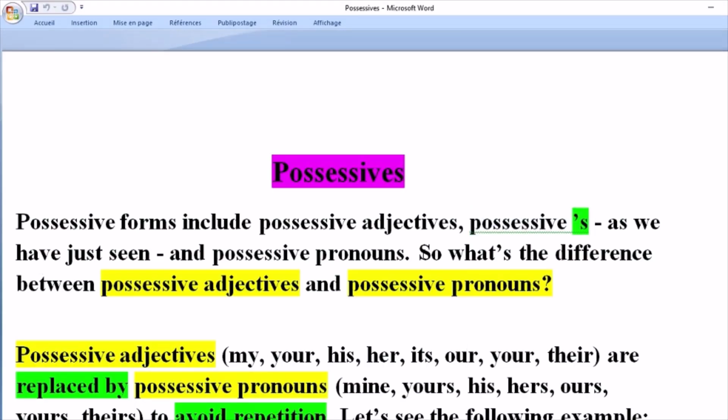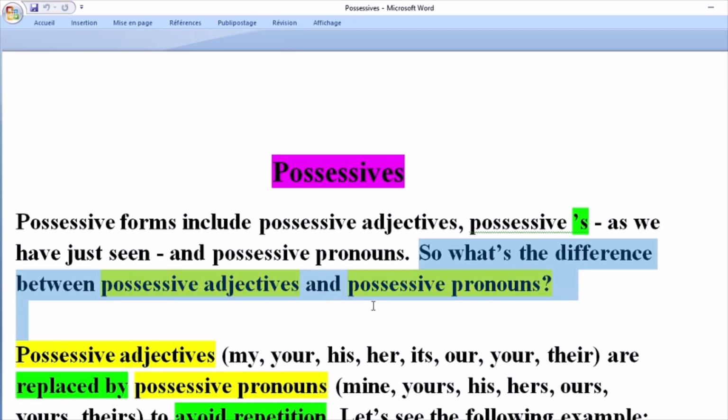What's the difference between possessive adjectives and possessive pronouns?